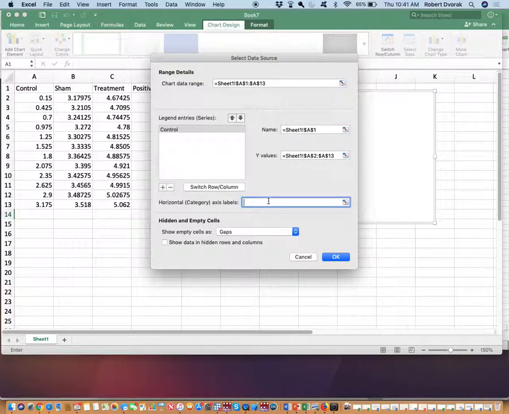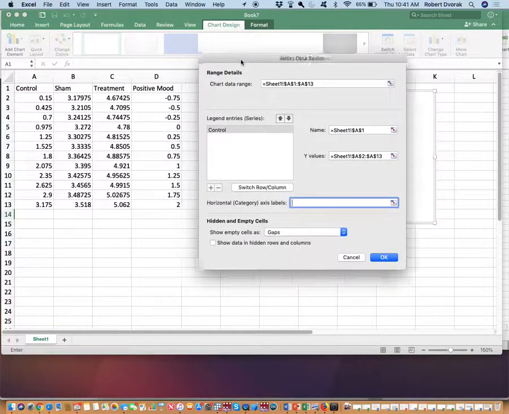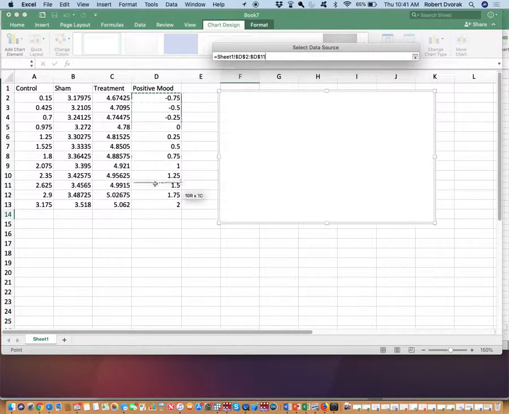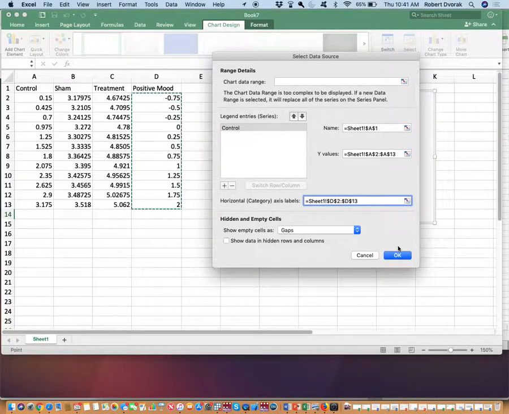And for this horizontal category, let's use our positive mood. Okay. Has everybody got this so far? Who is not there yet? We're almost there though.